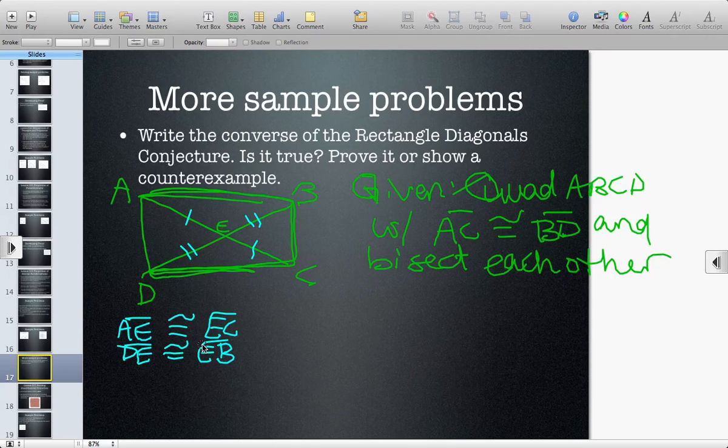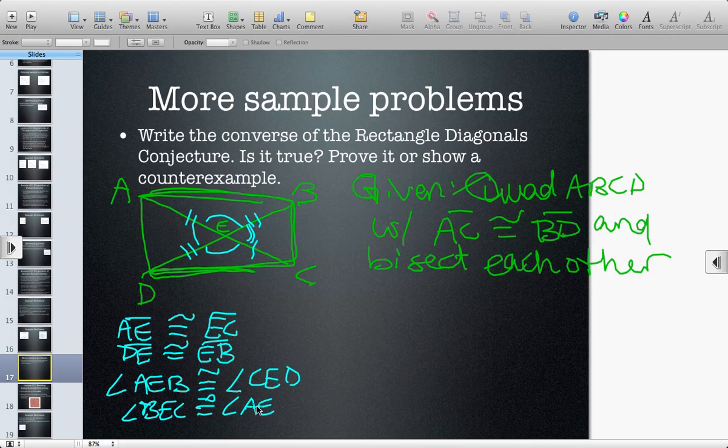Angle AEB is congruent to angle CED because they're vertical angles. And I'm going to talk about a couple of different triangles, so I'm going to mention the other vertical angles as well. Of course, angle BEC is congruent to AED, and that's because they're vertical angles. Okay?